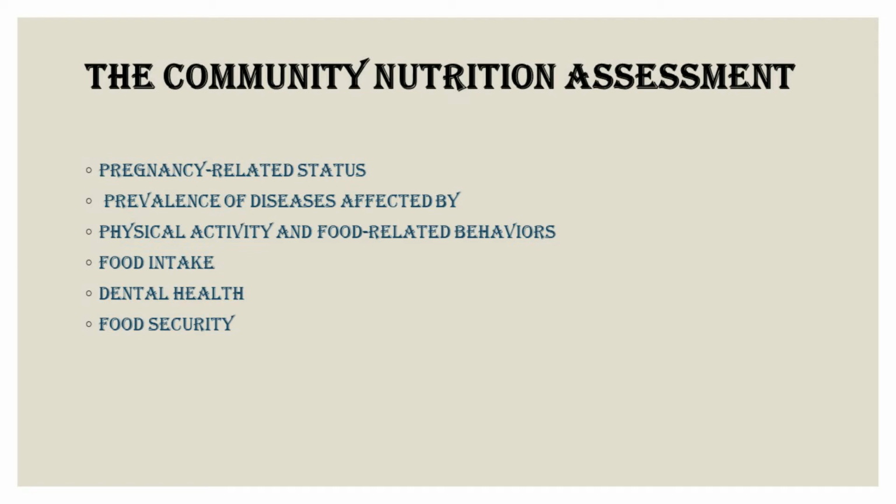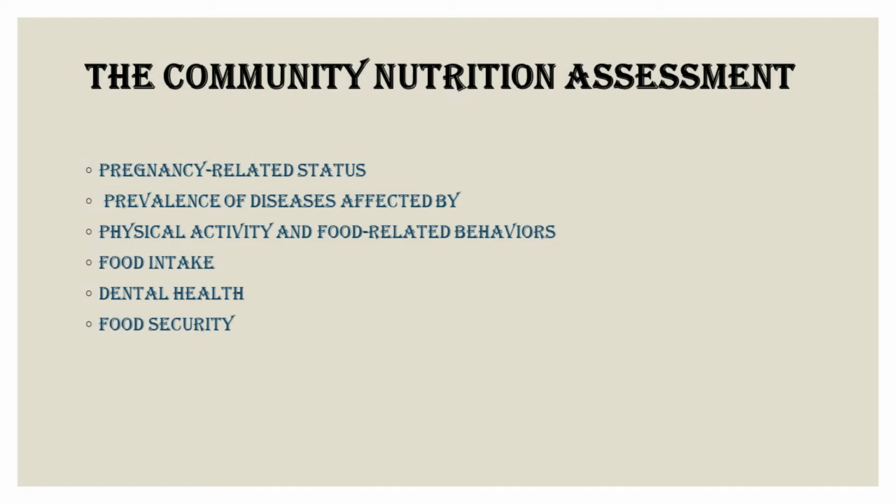An overarching goal of the community nutrition assessment is a movement away from a categorical and programmatic view of the nutrition service and programs to a focus on the role of nutrition in the community as a whole.